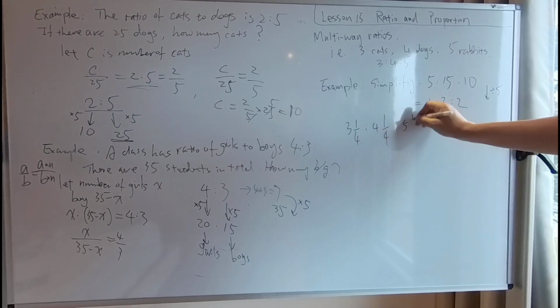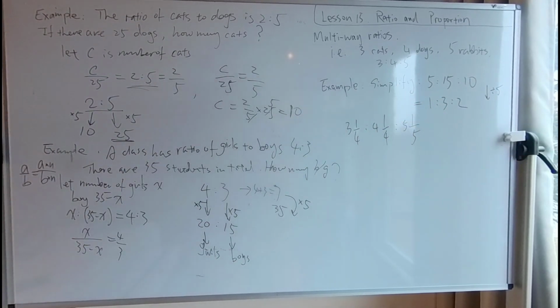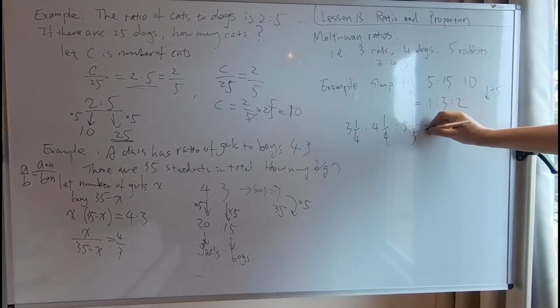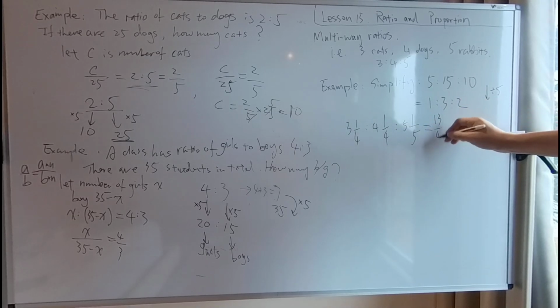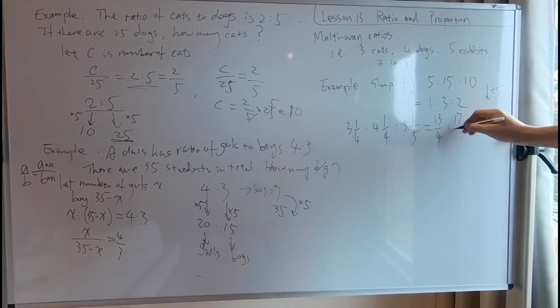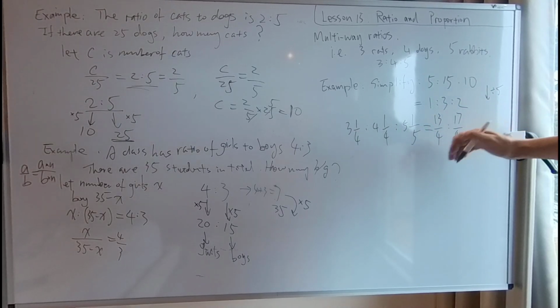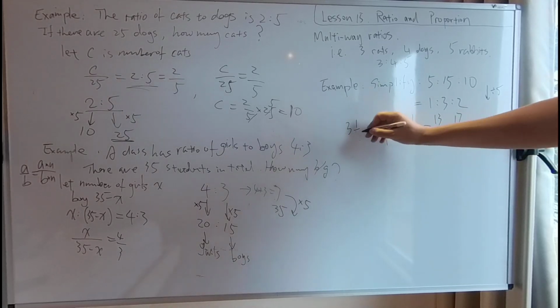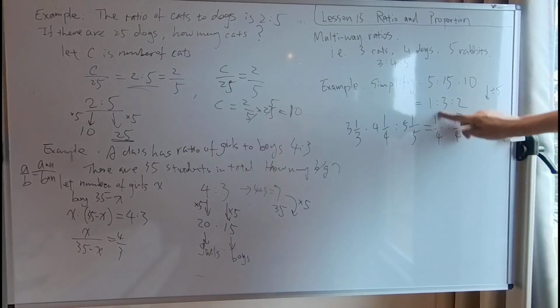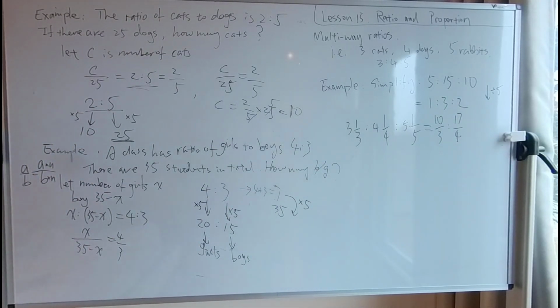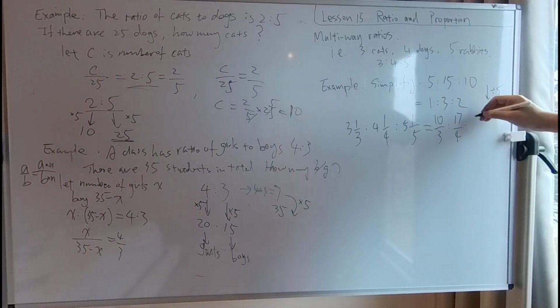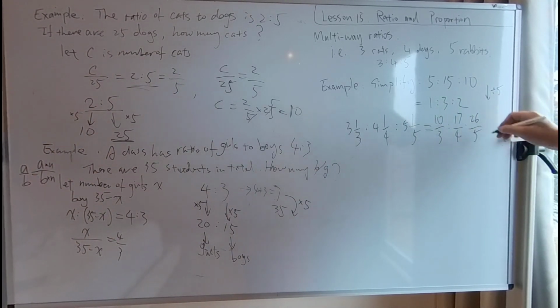For example, if I have fractions, first of all, let me convert them all to single fractions. So that's 10 over 3 versus 17 over 4 versus 26 over 5.